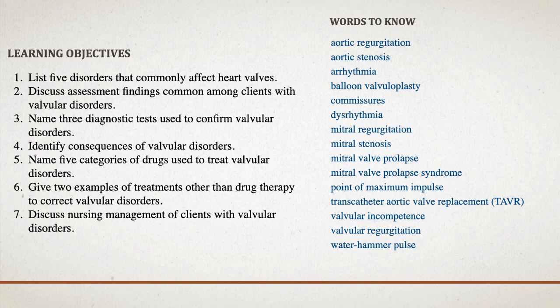You should be able to identify consequences of valvular disorders, and you need to know at least 5 categories of drugs used to treat valvular disorders. You should also be able to give 2 examples of treatments other than drug therapy to correct a valvular disorder. And last, discuss nurse management of valvular disorders.